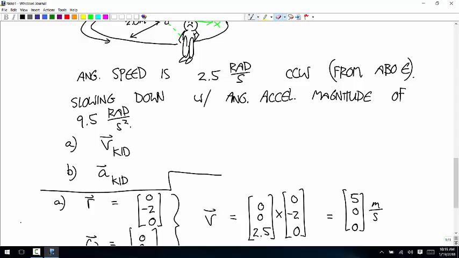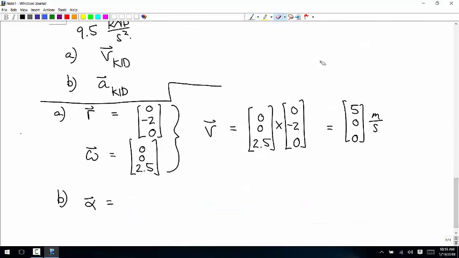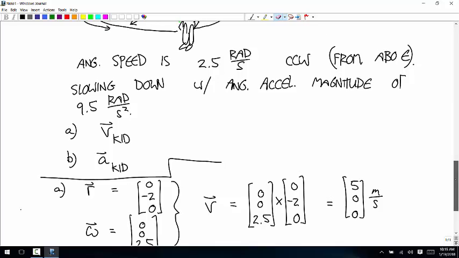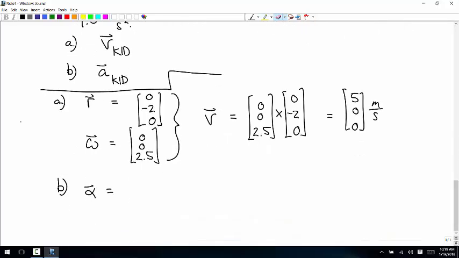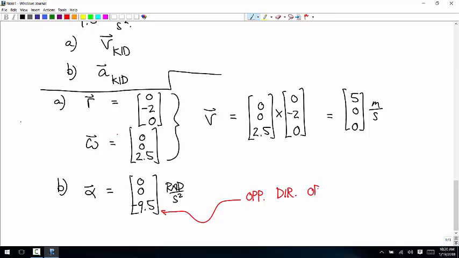It's slowing down, so it has to be in the opposite direction of omega. And so, what did I say, 9.5. So this is going to be 0, 0, -9.5 radians per second squared. It's the opposite direction of omega because it's slowing down.